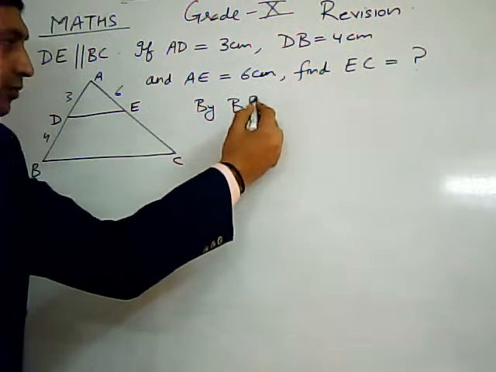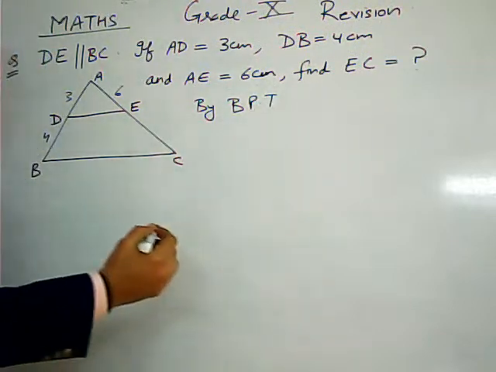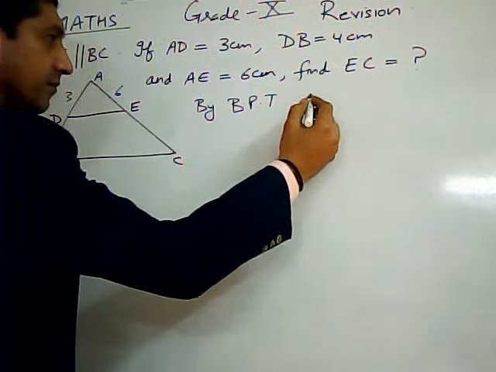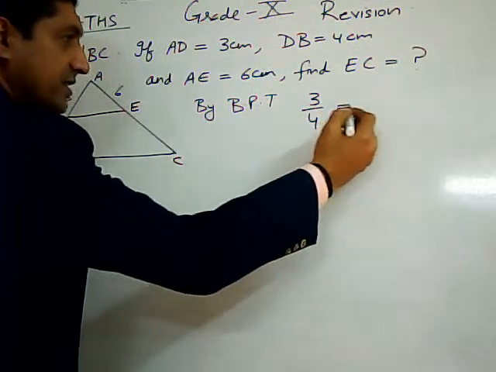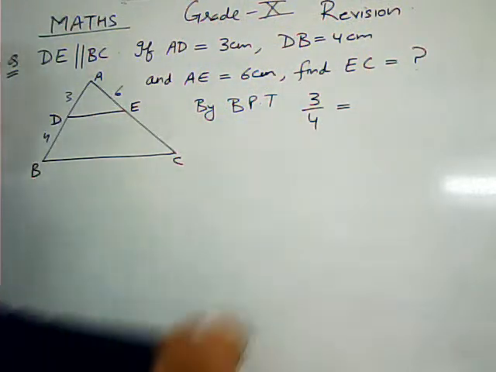basic proportionality theorem says that 3 upon 4 is equal to 6 upon EC.